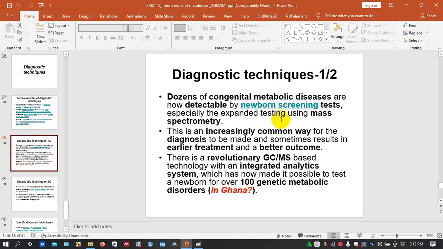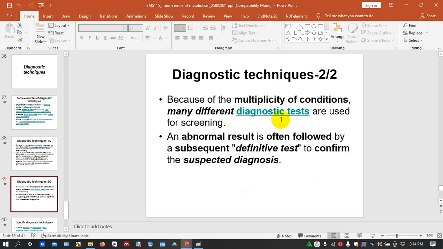There is a revolutionary gas chromatography mass spectrometry-based technology with an integrated analytic system, which has now made it possible to test a newborn for over 100 genetic metabolic disorders in Ghana. Because of the multiplicity of conditions, many different diagnostic tests are used for screening. An abnormal result is often followed by subsequent definitive tests to confirm the source.